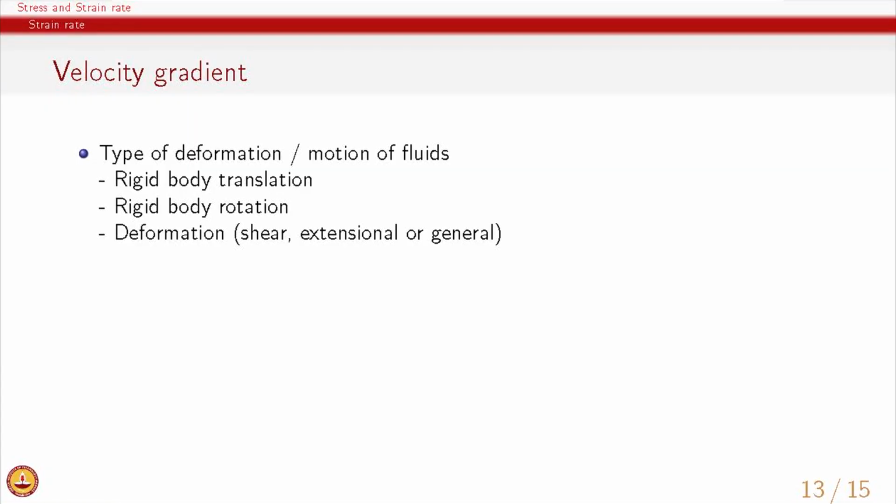So, in the next class, we will look at the velocity gradient, and we will see that velocity gradient describes rigid body translation, rigid body rotation and deformation, which are the three phenomena that have to be described for a material which is flowing. We will see that for rigid body translation there is no velocity gradient because every material point is moving at the same velocity.